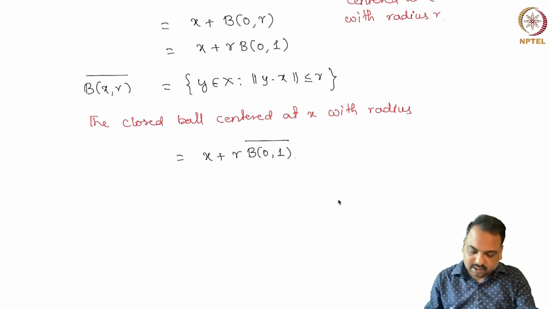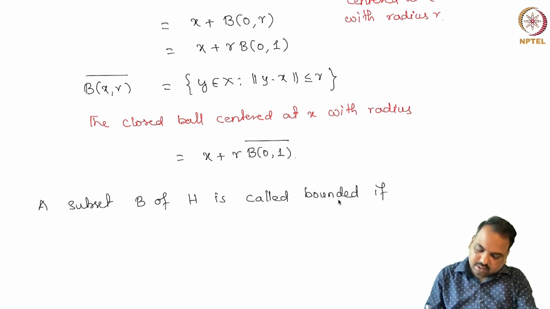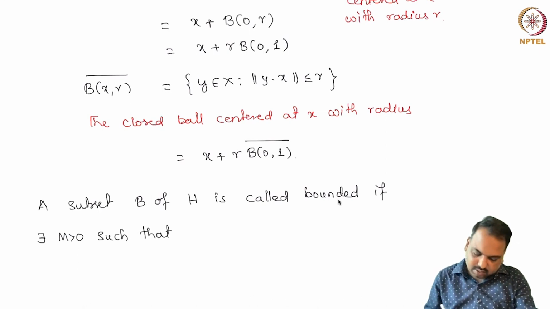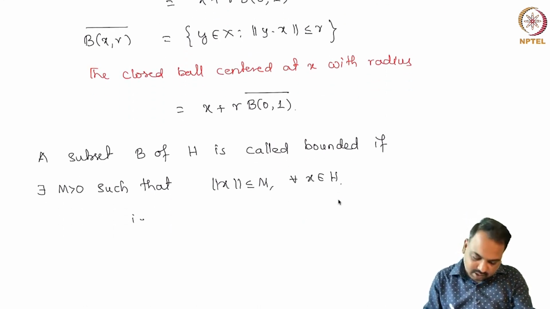Let us define what a bounded set is. A subset B of H is called bounded if there exists some positive m such that the norm of x is less than or equal to m for every x in B. In other words, the set B is completely inside the closed ball centered at 0 with radius m.